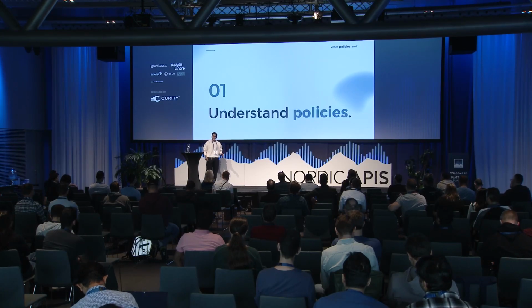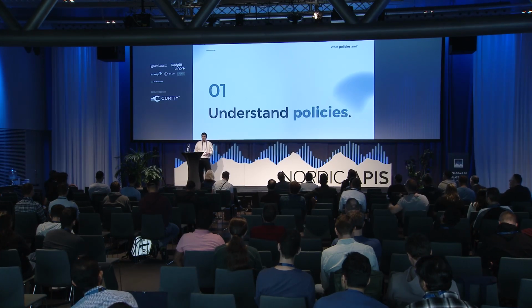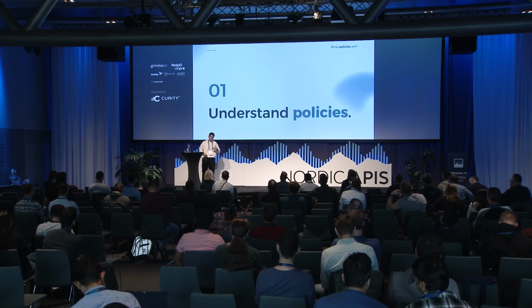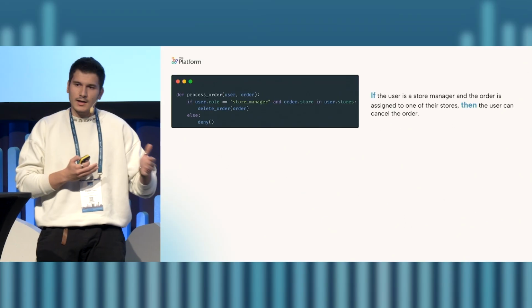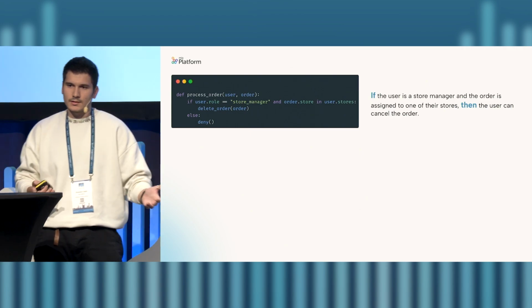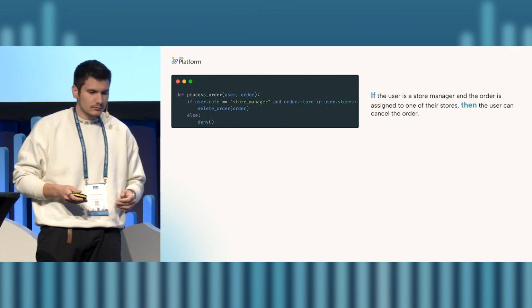Let me introduce what policies are in their broader meaning before jumping straight to the point. When we think of policies, we think of something strongly related to user access, something that regulates what users can access in terms of resources and assets.